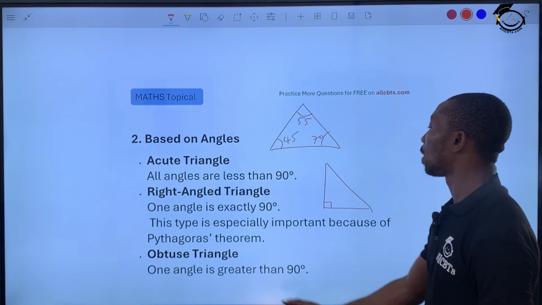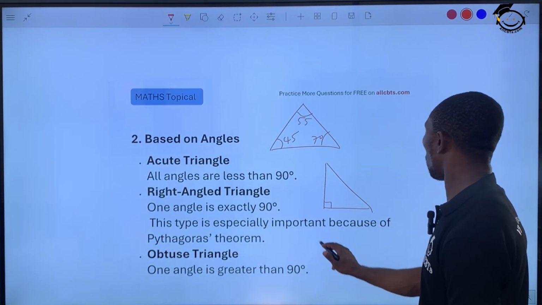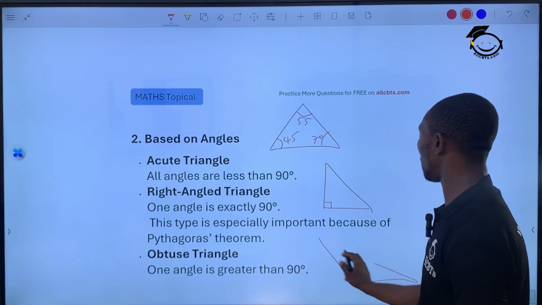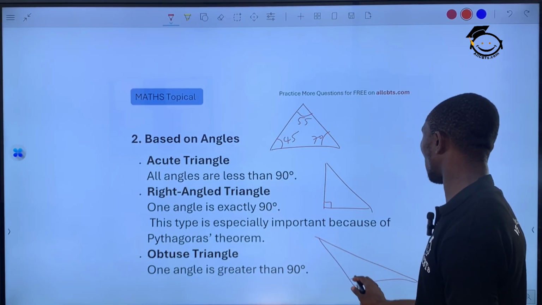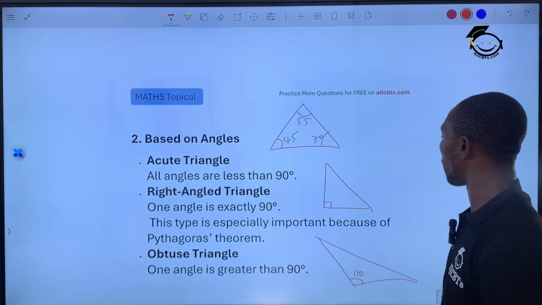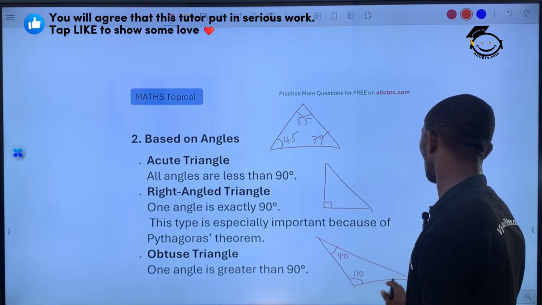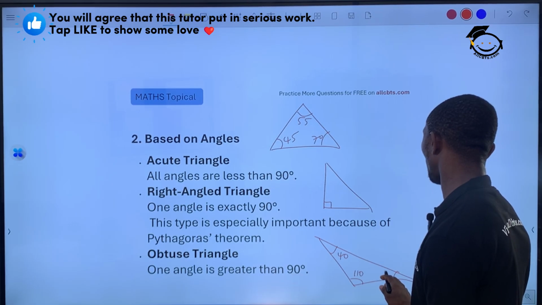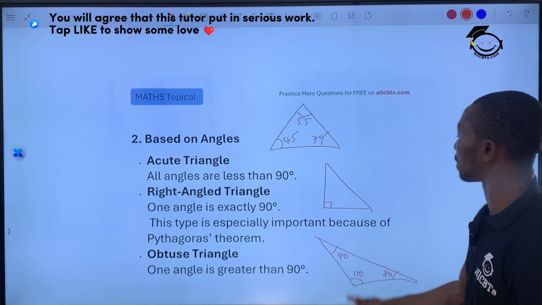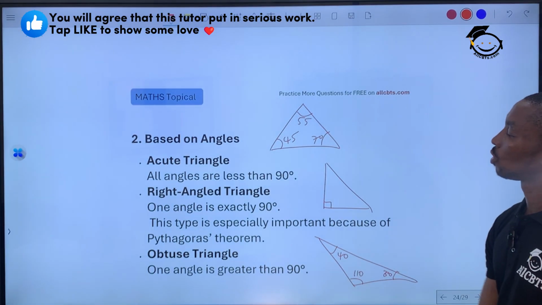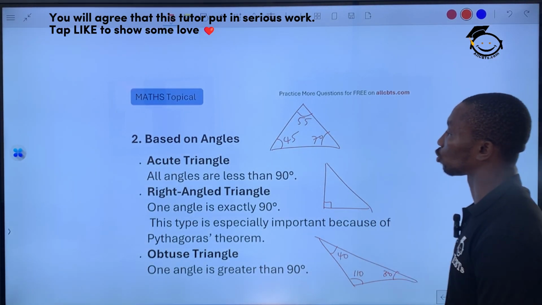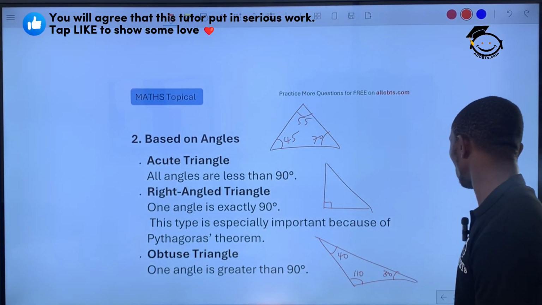Now, while for an obtuse triangle, one of the angles is greater than 90 degrees. So we can have this as 110. Alright, so this angle at 40 and this angle at 30. So this is an example of an obtuse triangle, a right angle triangle, and an acute triangle.